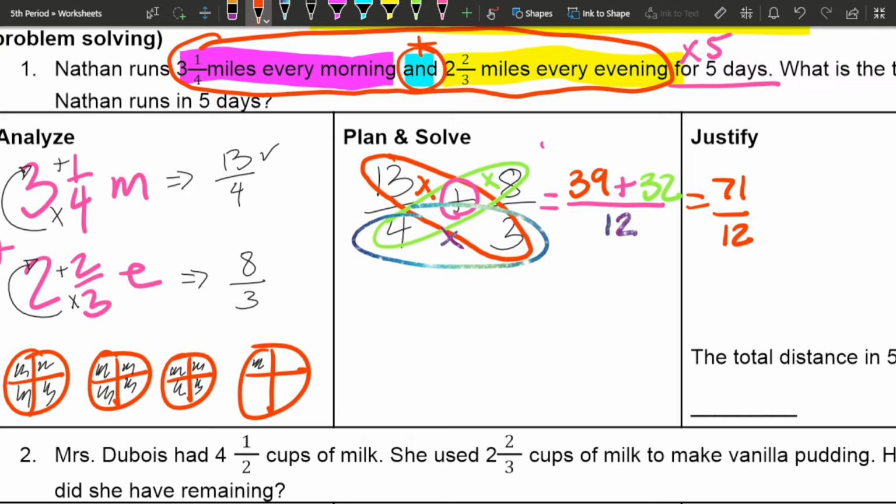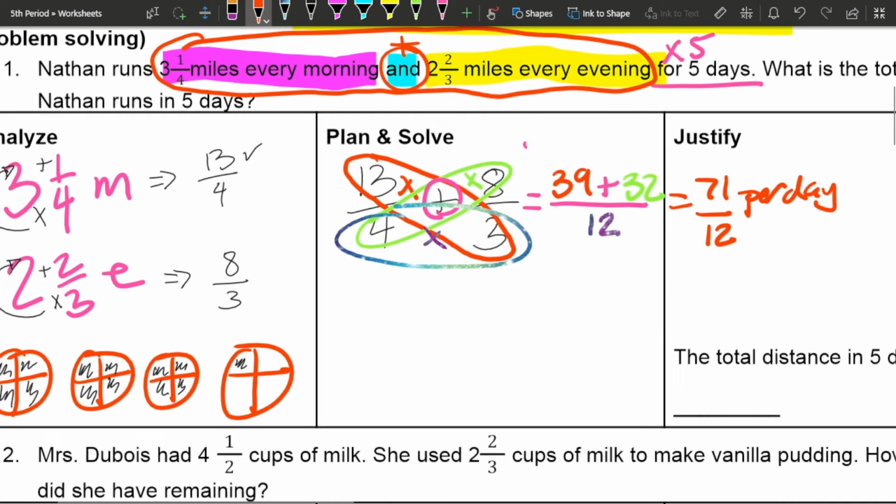How many days is that? Only one day, right? The morning and the afternoon. 71/12 of a mile every day. Per day. So what do we have to do now? You need to see how many it is for 5 days. So how will we multiply by 5, right?